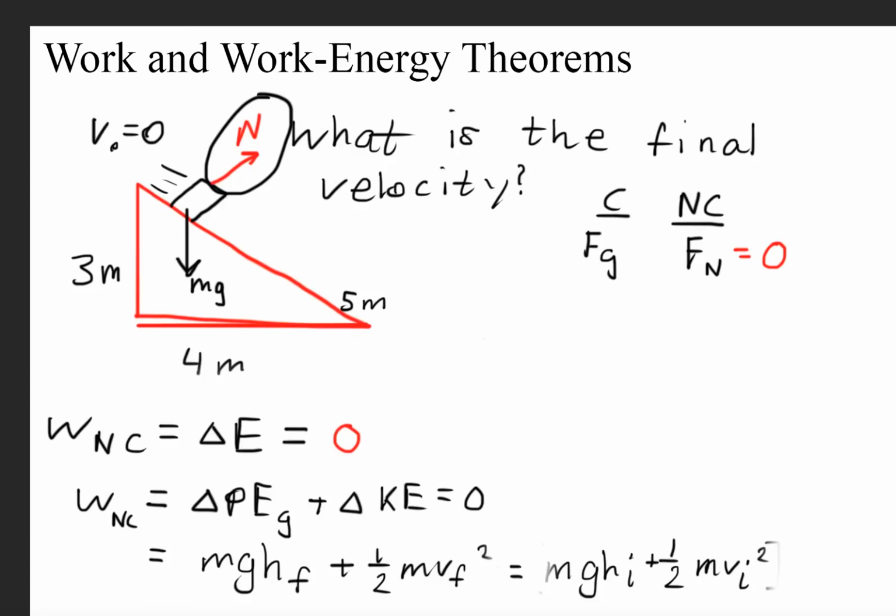Now what we have to do is start canceling and plugging in our known values. Take a look at this here. The mass is on both sides of the equation, so we can cancel out the mass. This is why I did not give the mass as a detail for this question, because it's going to cancel out.